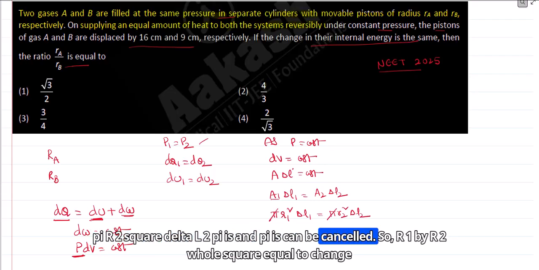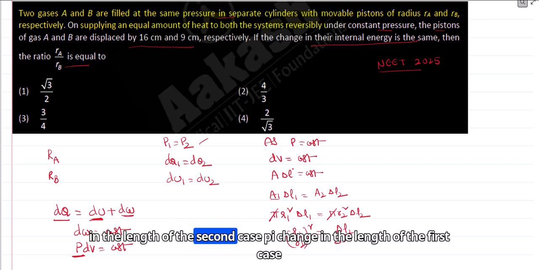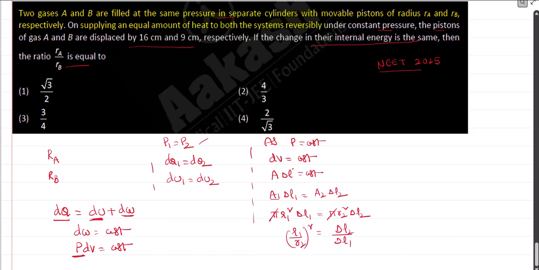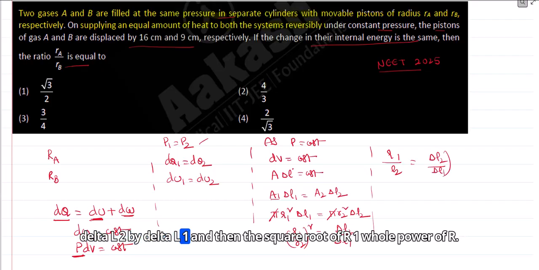Pi's and pi's can be cancelled. So R1 by R2 whole square equals the change in the length of the second case by the change in the length of the first case. That implies, taking the square root on both sides, R1 by R2 equals delta L2 by delta L1 under the square root, or whole power of half.